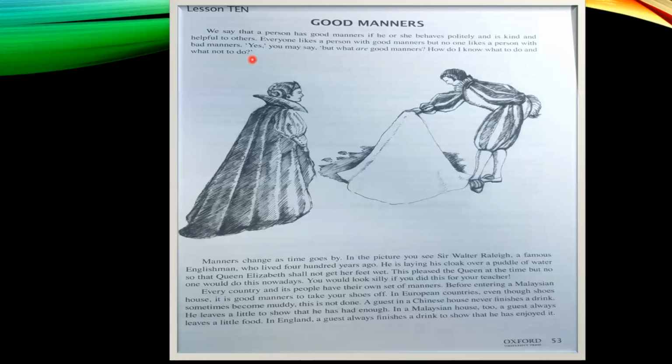So dear students, have a look over here. Manners change as time goes by. In the picture you see Sir Walter Raleigh, a famous Englishman who lived 400 years ago. He is laying his cloak over a puddle of water so that Queen Elizabeth shall not get her feet wet.